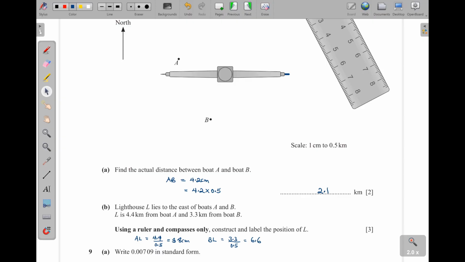So to measure, this is 8.8. So mine can just go to that 8.8. I think you can see that. That is for A. So I put it where A is.